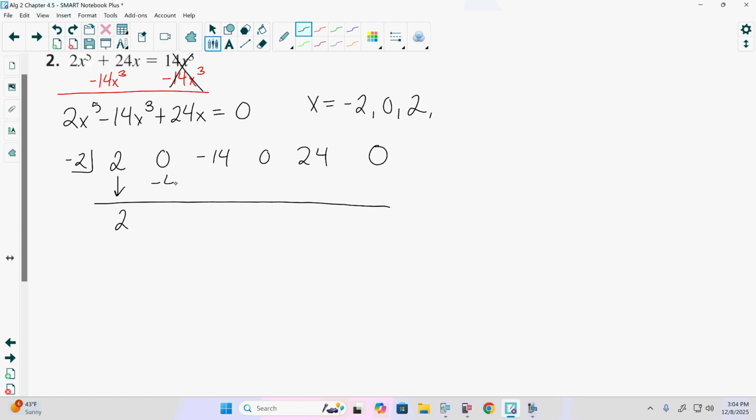-2 times 2 is -4. 0 plus -4 is -4. -2 times -4, the negative times the negative makes a positive, and 2 times 4 is 8. -14 plus 8 is -6. -2 times -6 is 12. 0 plus 12 is 12. -2 times 12 is -24. -24 plus 24 is 0.